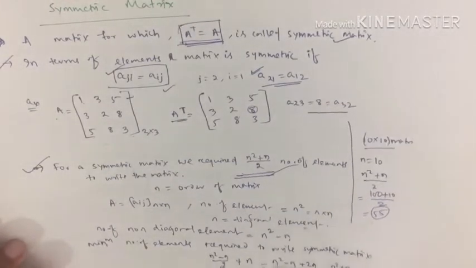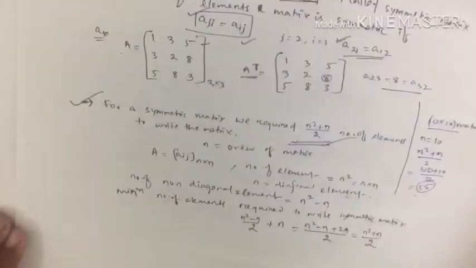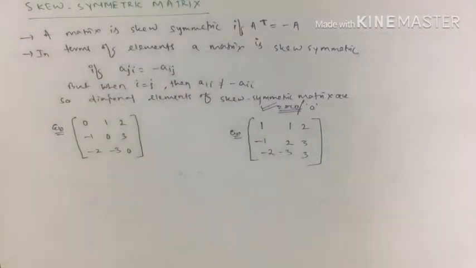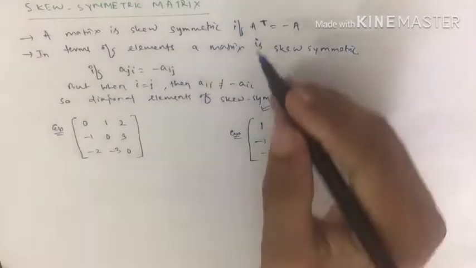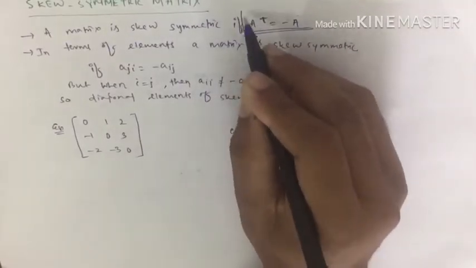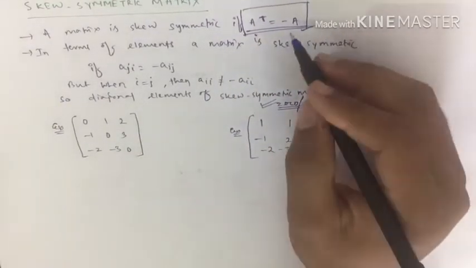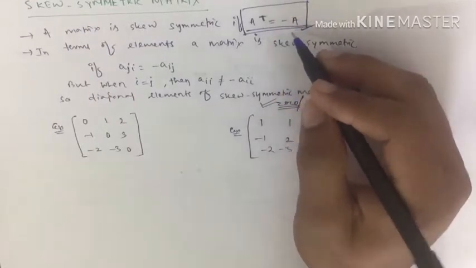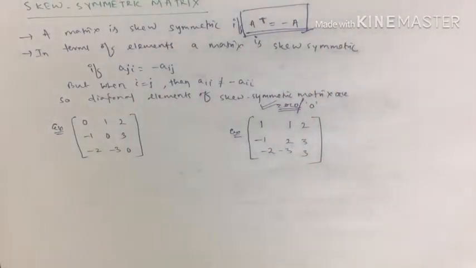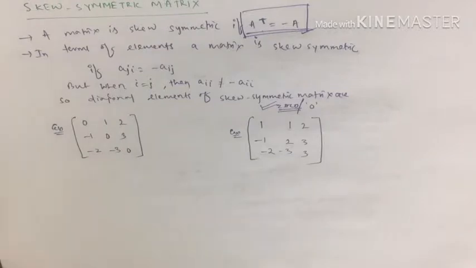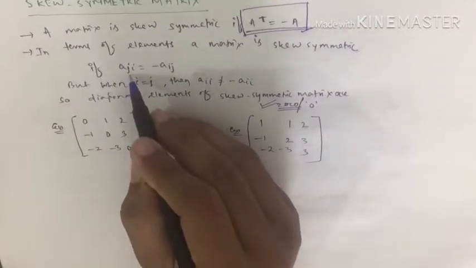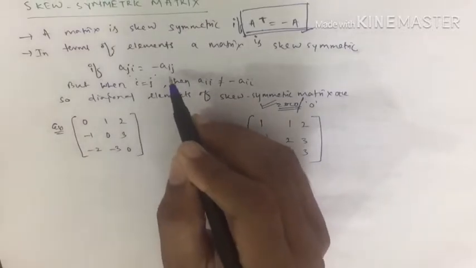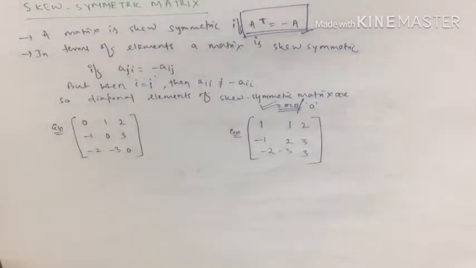So let's move into skew symmetric matrix. What is a skew symmetric matrix? For a matrix A, if A transpose is equal to minus A. For symmetric it was A transpose equal to A, for skew symmetric it is A transpose equal to minus A. And look at the condition in terms of elements. If Aji equals minus Aij, then it is skew symmetric.